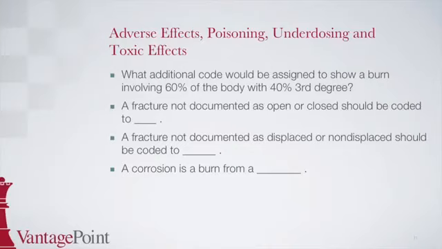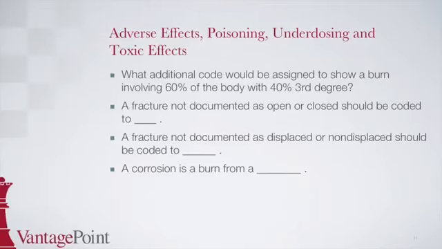The answer to the first question is T31.64 for burns involving 60 to 69% of body surface with 40 to 49% third degree burns. To locate this code, start at burn in the alphabetic index, then look for extent with percentage of body surface in parentheses.